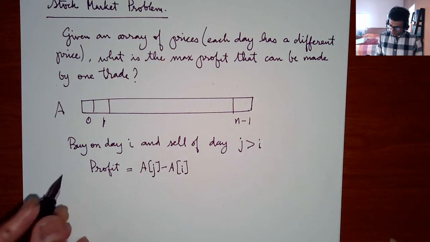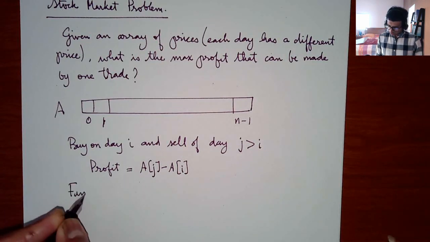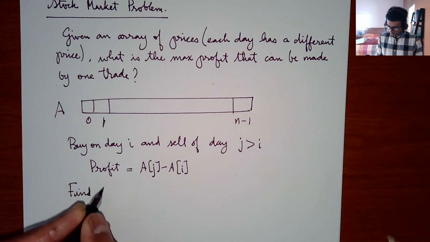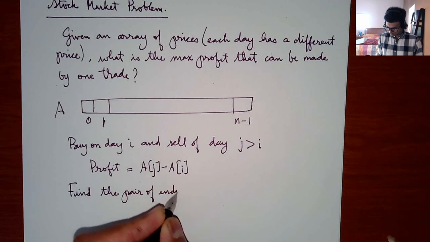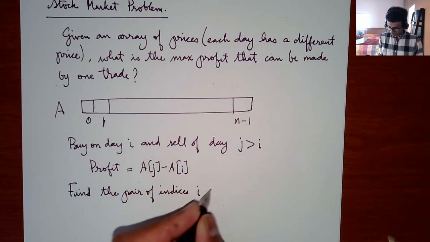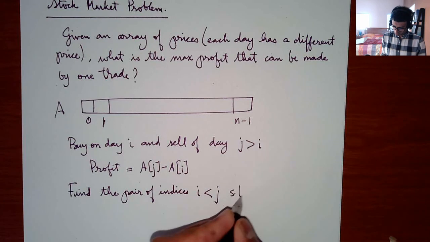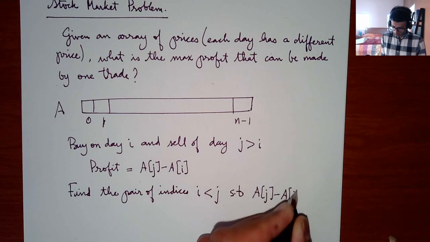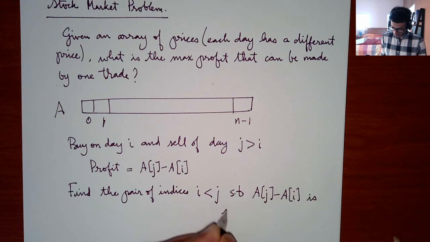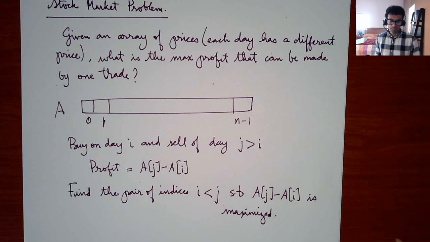What you could say is, find the pair of indices i less than j such that A j minus A i is maximized. That's your problem now.